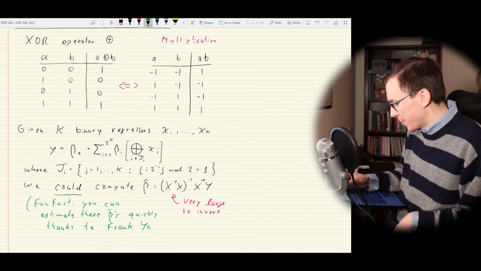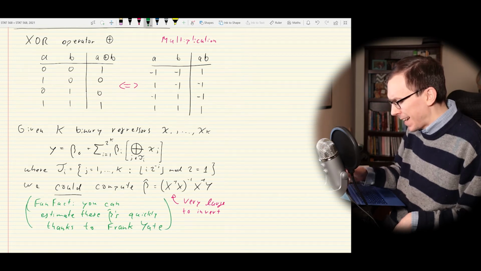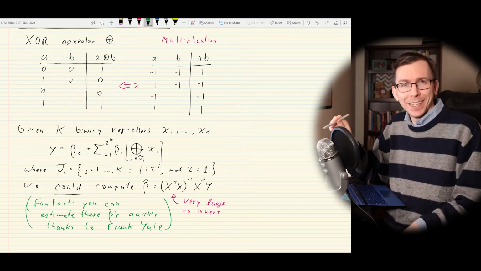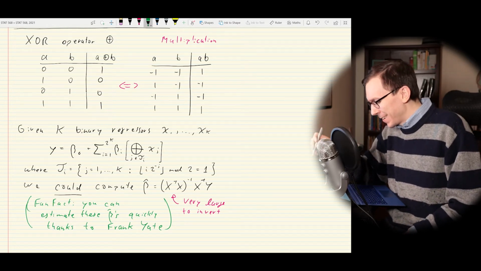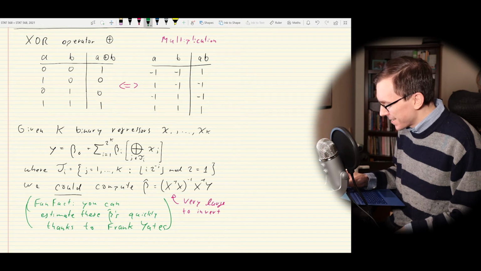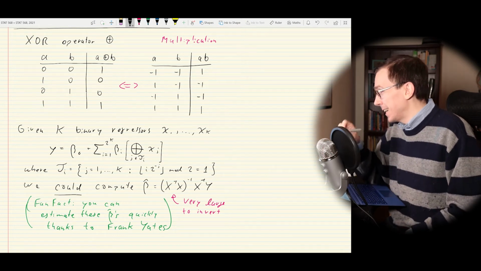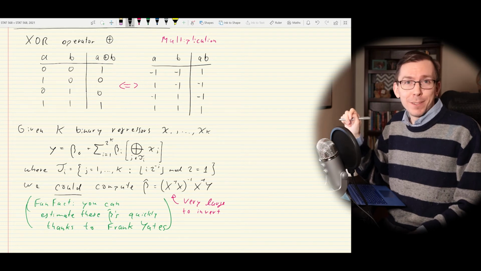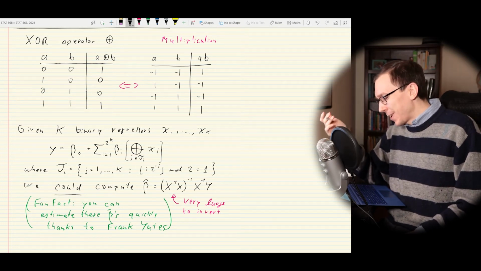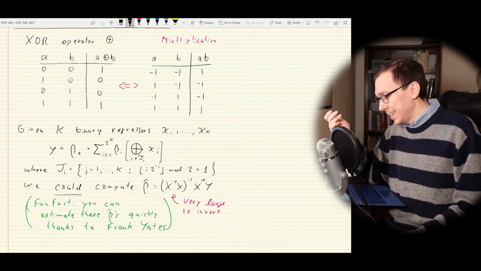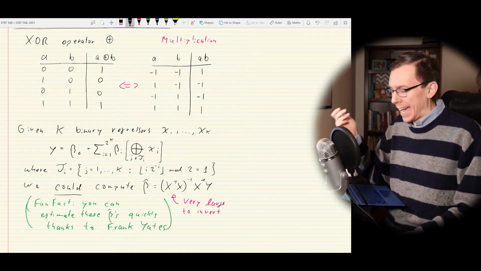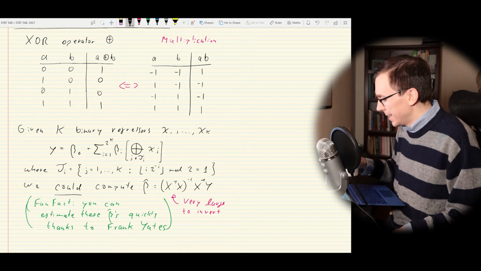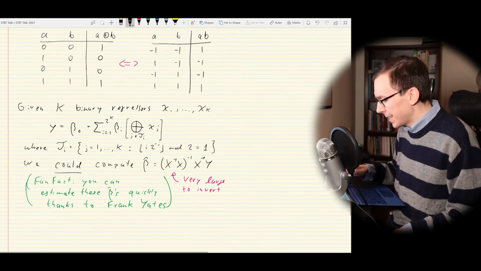Smart guy. I believe he worked with Fisher, I should double check my facts, especially because this is all being recorded forever. But Yates, with an S, Frank Yates, has a clever algorithmic way to compute all of these beta hats so that you don't have to do a giant matrix inverse, because that makes everyone unhappy. Nobody really wants to go through all that headache.